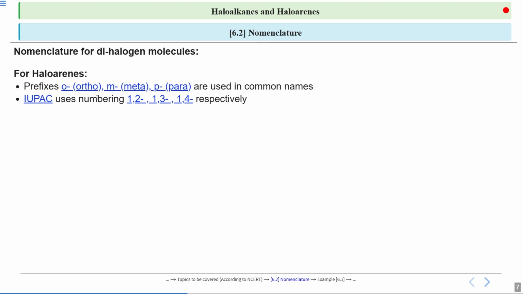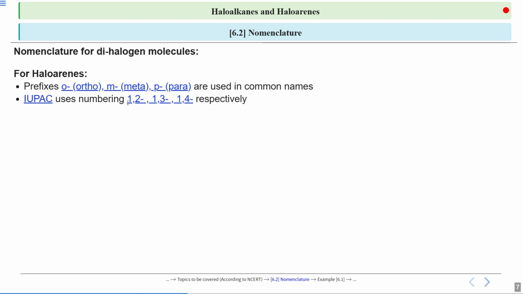Like for ortho, we use the numbering as 1,2 because at the first position there is a halogen, at the second position there is a halogen. We are talking about dihalogen molecules. Two halogens will be there, and in the haloarenes, that means when two halogens are bonded with the aromatic ring, we have the prefixes ortho, meta and para, which we use in common names, and in the IUPAC name we number it, like for ortho we use the numbers 1 and 2.